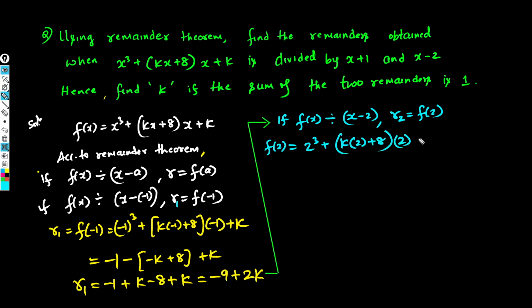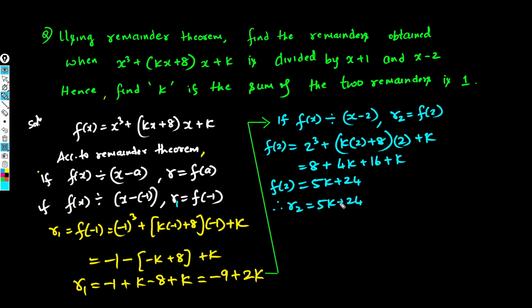In the place of x, I need to substitute 2 plus k. So this would be 8 plus 2k into 2 would be 4k plus 2 into 8 would be 16 plus k. That would be 5k plus 24. That would be f of 2. Right? Now this is my r2. Therefore, r2 would be 5k plus 24.